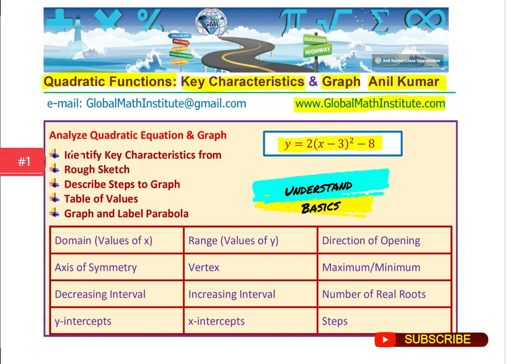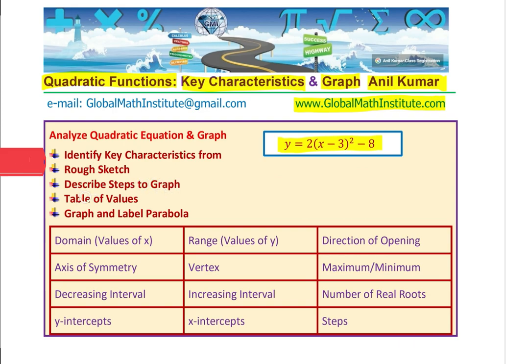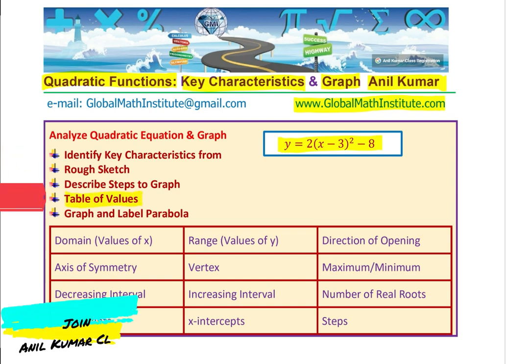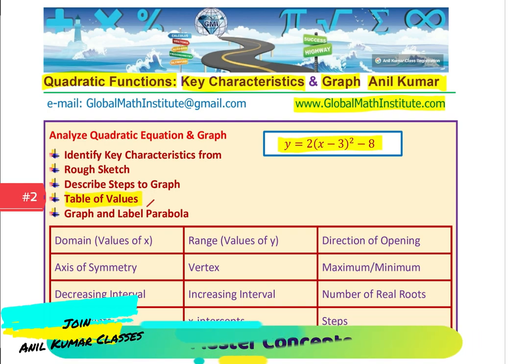We'll identify the key characteristics. We'll make a rough sketch to begin with, describe steps to graph. We'll graph it using two different methods. One is using table of values, which is very common, normally done at schools. And the other method will be my own method, which I call step method.